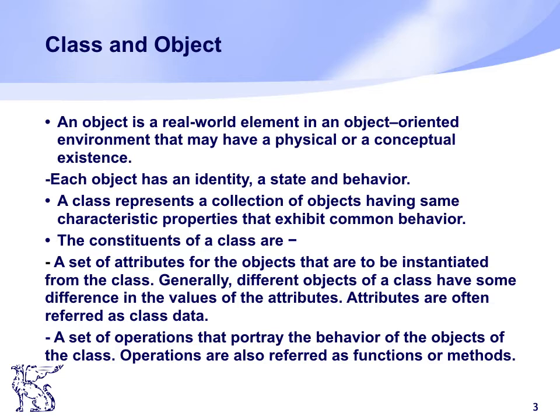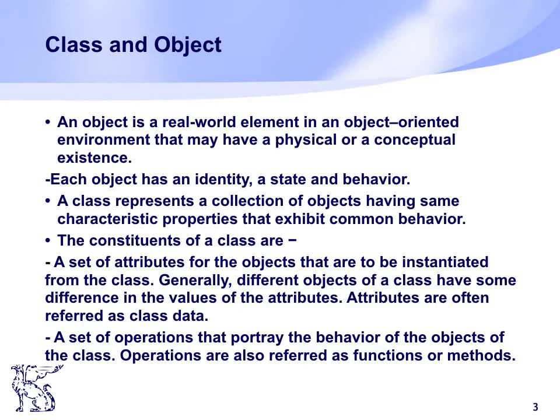This has a physical existence, so you can think of it as an object. And also it could have conceptual existence, like a project, that's a conceptual existence, but that's also an object. Or you can think of a process as an object, or a sub project as an object. So those have conceptual existence, those are also accepted as objects.